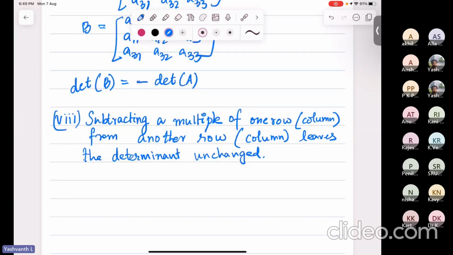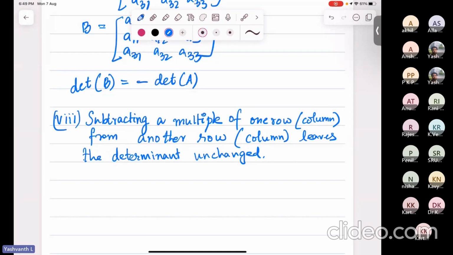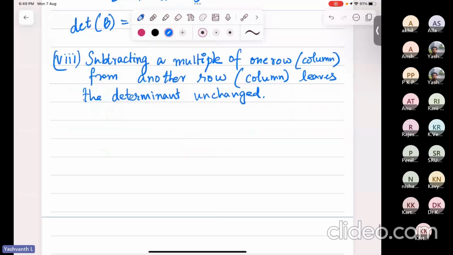Okay, the way to read this is: subtracting a multiple of one row from another row leaves the determinant unchanged, or the other way is subtracting a multiple of one column from another column leaves the determinant unchanged. Okay, that's how you need to read this sentence.